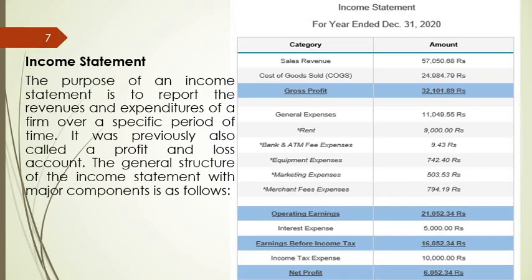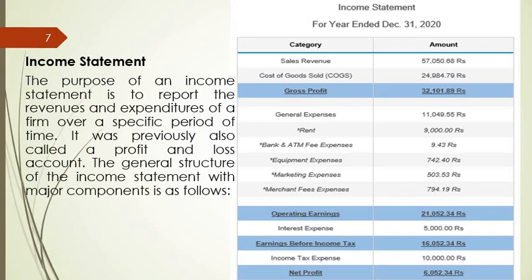Gross profit tells us about the profitability of the business after taking into account the direct cost, but before taking into account the overhead cost. We can say that gross profit is a rough estimate of the firm's profitability.